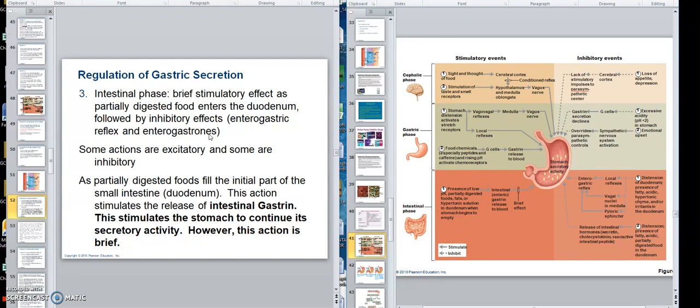The intestinal gastrin stimulates the stomach, even though it's produced by the intestine. But that's the only thing that's going to stimulate. Some actions are excitatory and some are inhibitory. The intestinal gastrin stimulates the stomach to continue. However, this action is brief, and that's the only thing the intestine secretes that favors the stomach to keep working, this intestinal gastrin. Everything else is really inhibitory.